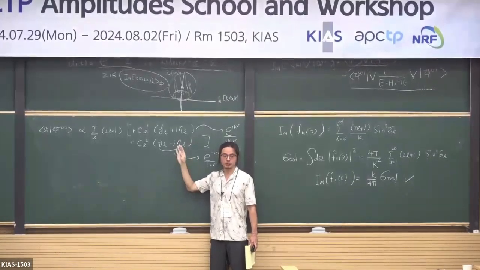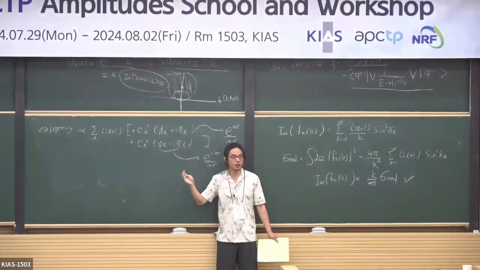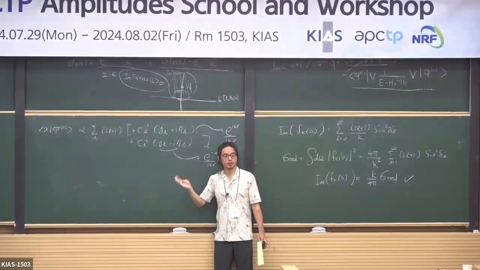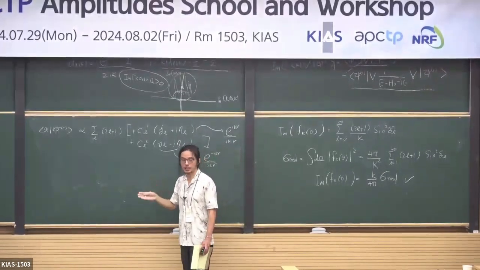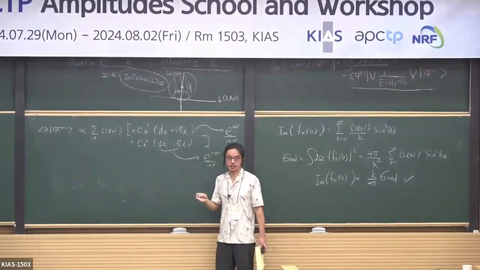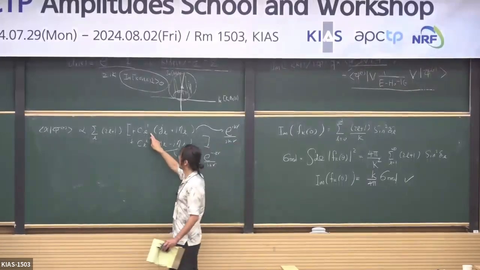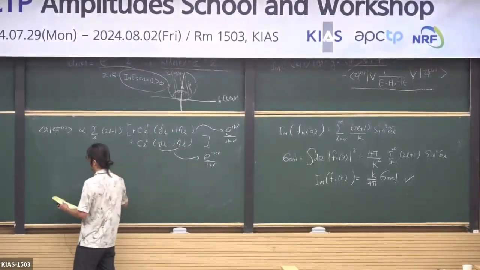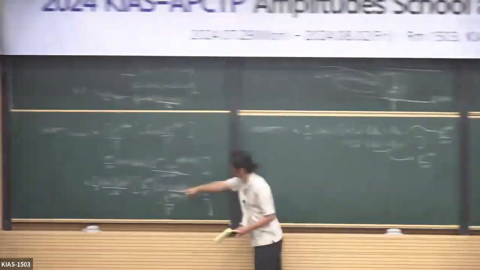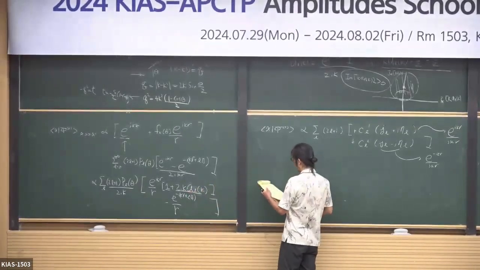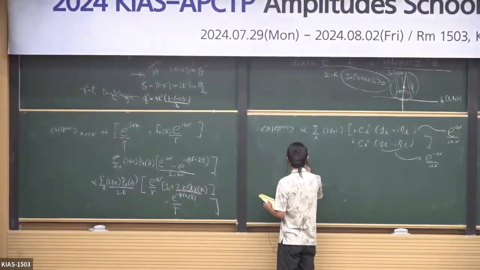The near zone is where, of course, we cannot go into the black hole, so you set up a boundary condition at the horizon, and that will be the second set, and you try to do the matching on these two. Once you do the matching, you will fix these two coefficients. Then from this formula here, you can immediately see that the phase is essentially the ratio between these two coefficients.